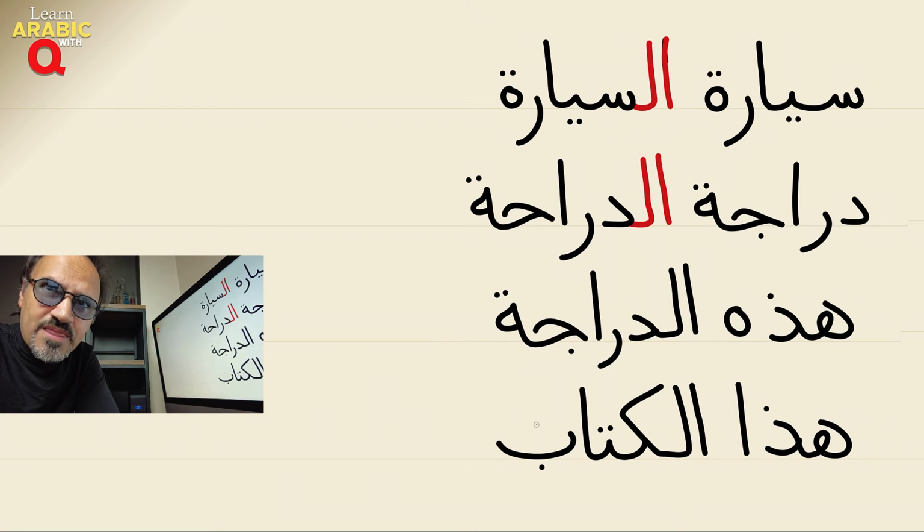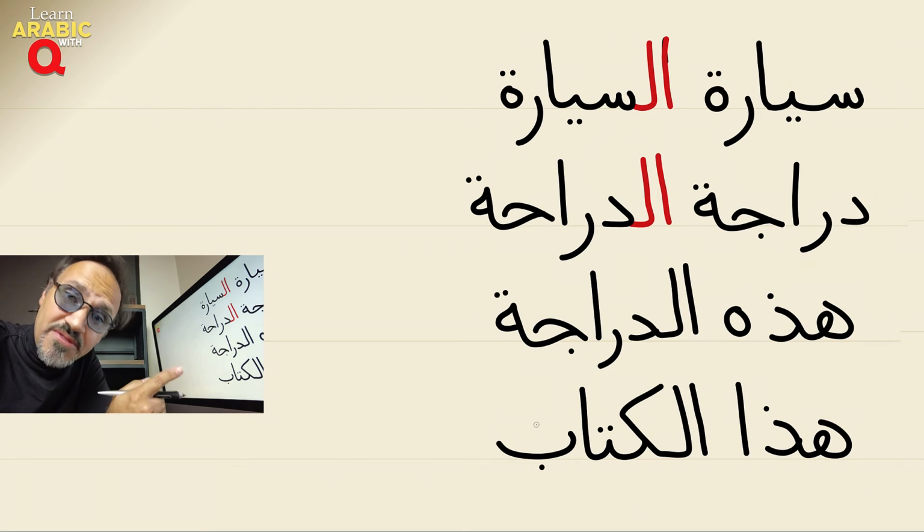We have سيارة، السيارة. دراجة، الدراجة. هذه الدراجة. This bicycle. It's like which bicycle? This bicycle. كتاب، الكتاب. هذا الكتاب.